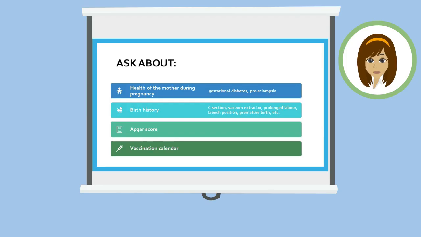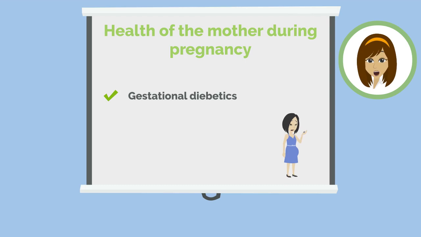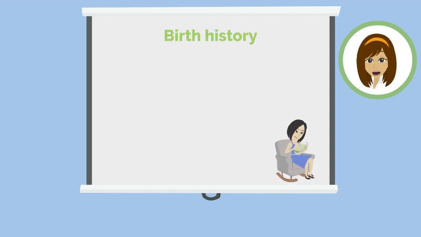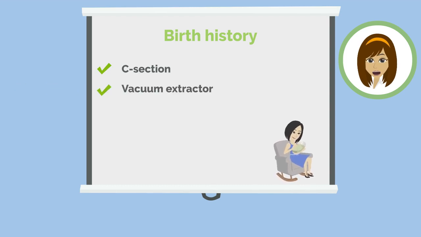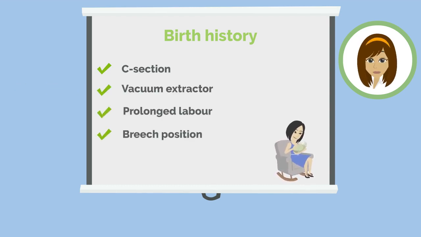The examiner must inquire about any health complications of the mother during the pregnancy, such as gestational diabetes or preeclampsia, as these conditions have a direct effect on the growth of the fetus. Regarding birth history, a cesarean section, use of a vacuum extraction, prolonged labor, breech position, premature birth, or any other complications must be noted.